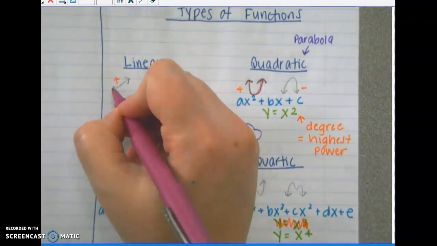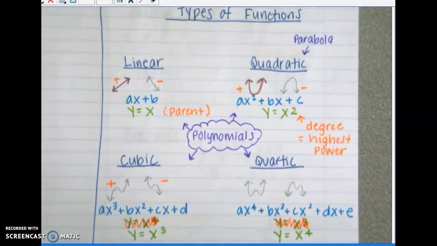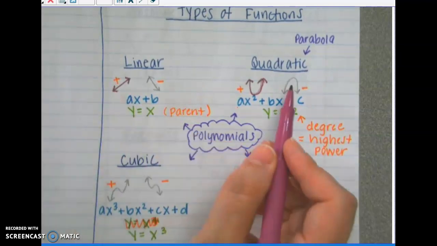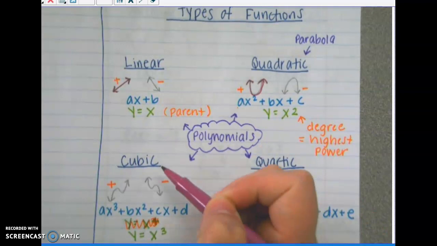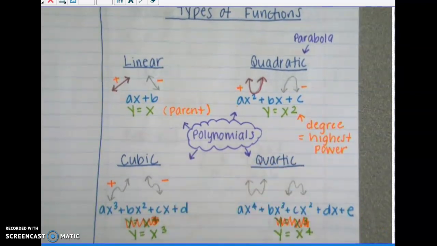All of these, the positive graph is what the parent function looks like. The parent function for all of these is positive. So if it looks like the negative copy, then your graph has been reflected over the x-axis. Some of these it also could be over the y-axis.